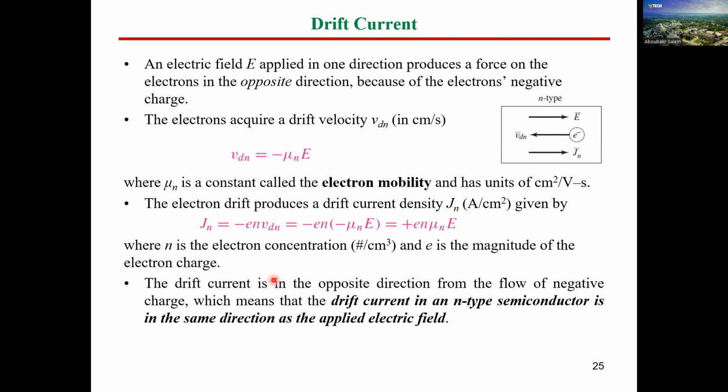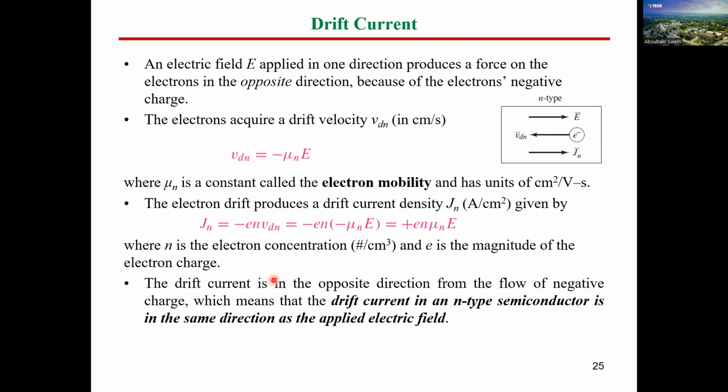Electric field is nothing but when you apply a voltage across any material. Electric field is nothing but volt per distance. So if you apply a voltage on a conductor that has a length d, we can say E equals V divided by d. So E is voltage divided by distance. This is the electric field.